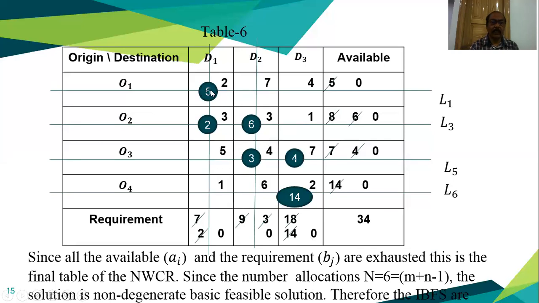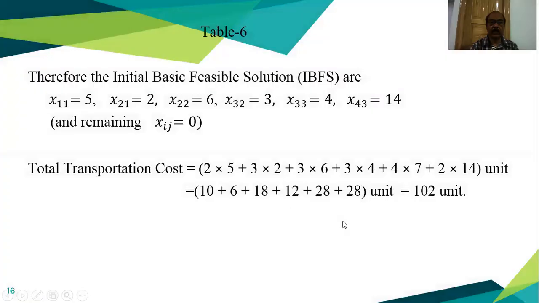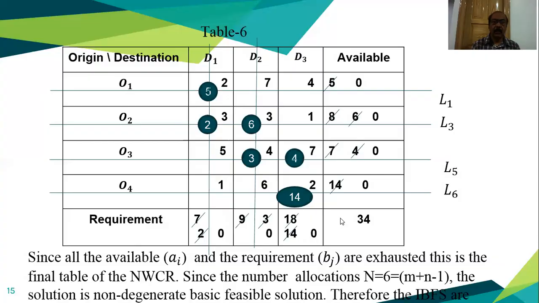Now we have to check the number of allocations. Here the number of allocations is 6. According to our definition, the number of allocations should be m plus n minus 1, where m is the number of origins and n is the number of destinations.